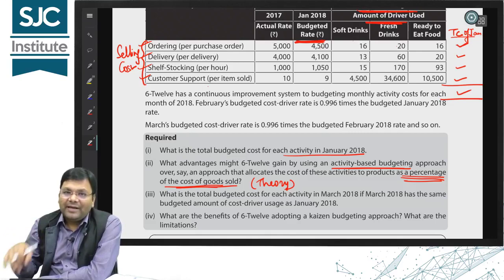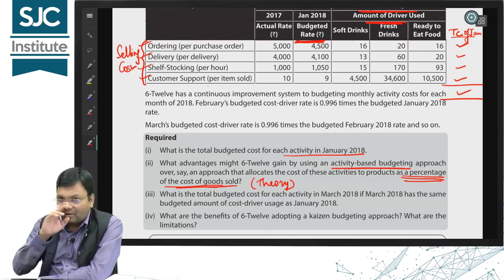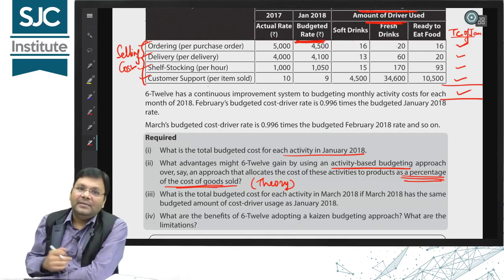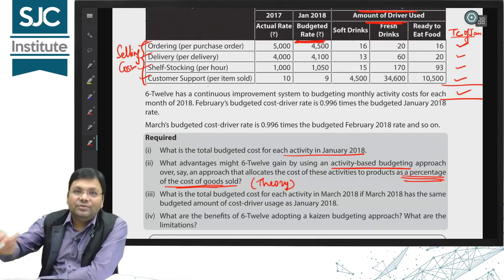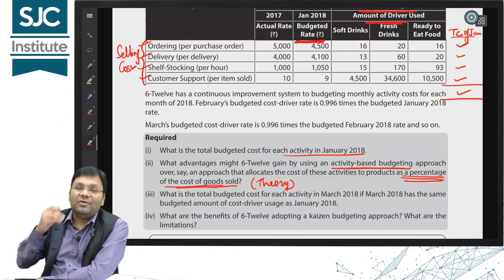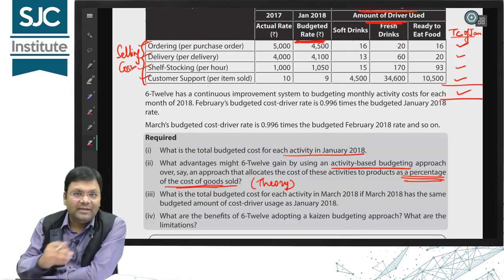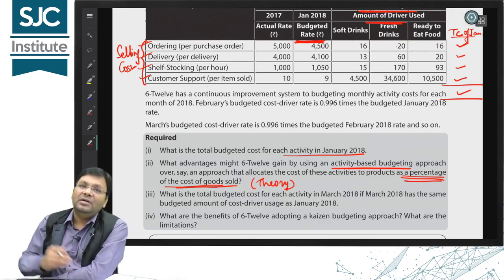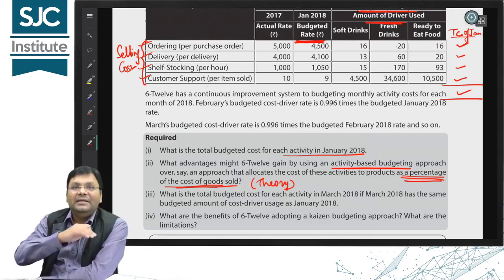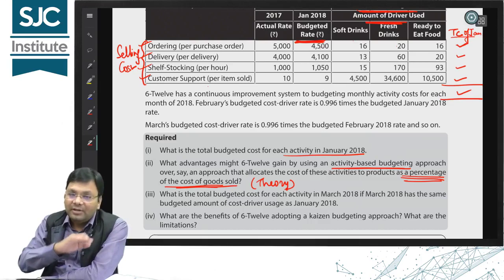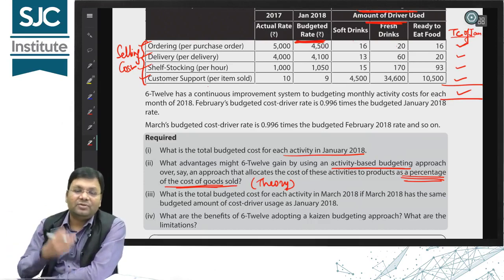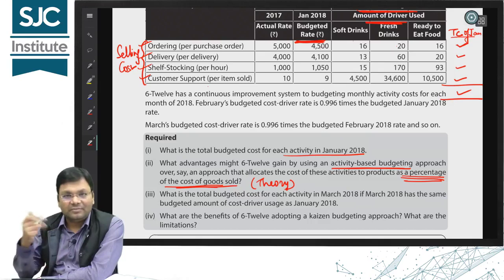It will allocate the cost to all the products uniformly, not based on the resources used by the product. How does activity based budgeting work? Activity based budgeting will allocate the cost to the products according to the resources consumed by each of the products. But cost of goods sold will be allocating the cost to the products in a uniform manner, not on the basis of the resources used by them. So there will be a distorted view of costing or budgeted cost approach.